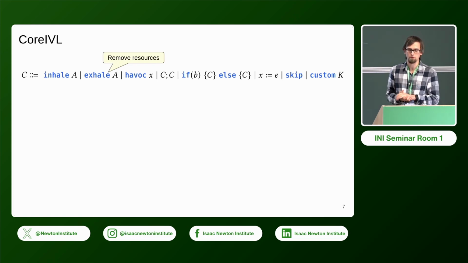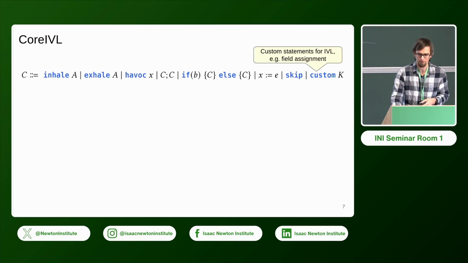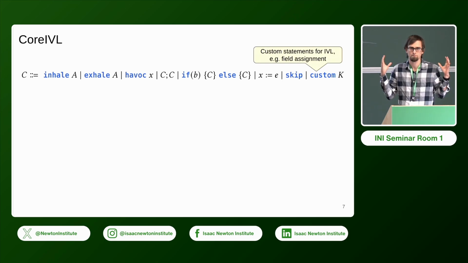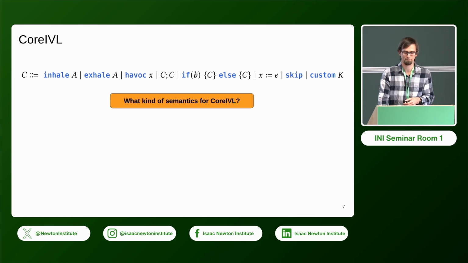Second, we also have a notion of exhale for removing resources. We have a havoc statement for non-deterministic assignment. There are a bunch of other standard statements. And then there's also a custom statement where you can add a statement special for the IVL. For example, in the Viper instantiation, we use this for field assignment.